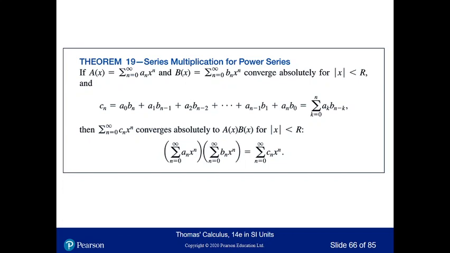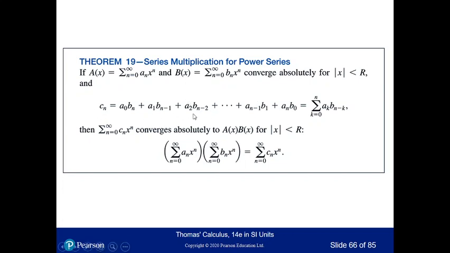Okay, let's say I have 2 series and let's say they are converging absolutely with the same radius of convergence, with the center 0, and I want to multiply them out. I can multiply them out and form a new series, and when I do that, Cn is going to be looking like this.